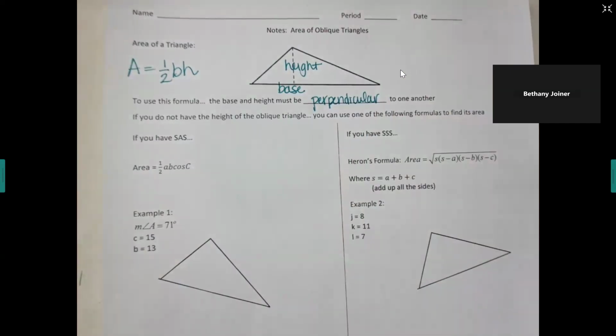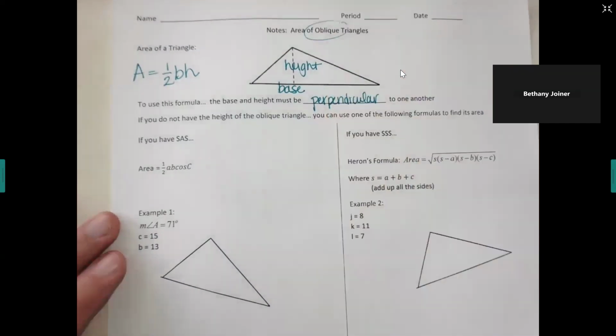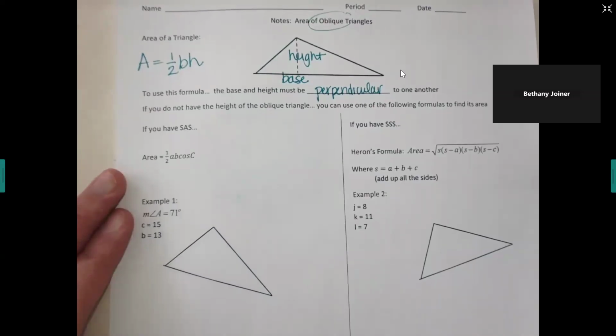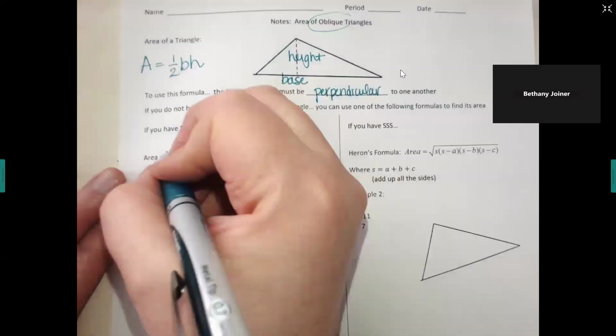And so when you're dealing with oblique triangles, the problem is that you don't always have that information. So there are 2 other formulas that you could use to find the area. The first one is the one that I typoed on.